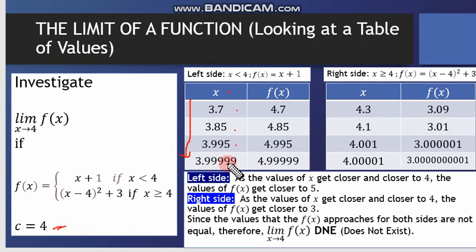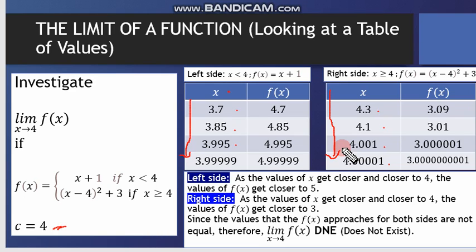At the right side, we will also assign the values of x, but this time greater than the value of c, which is equal to 4, but close to it. So I assign here 4.3, 4.1, 4.001, and 4.00001. Make sure that it is in descending order.